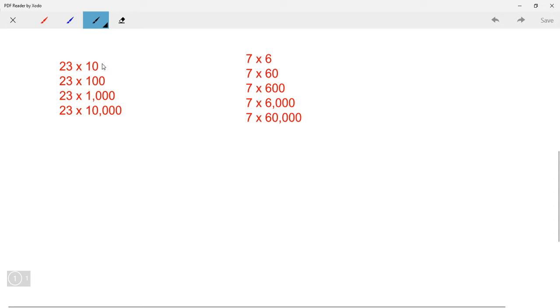So this 10 is 10 to the 1 power. 100 is 10 squared. 1,000 is 10 to the third. And 10,000 is 10 to the fourth.